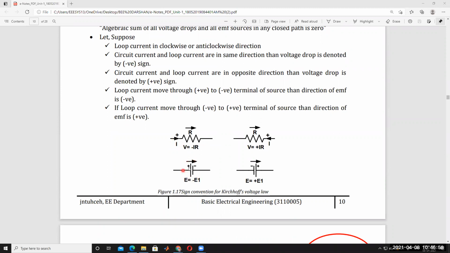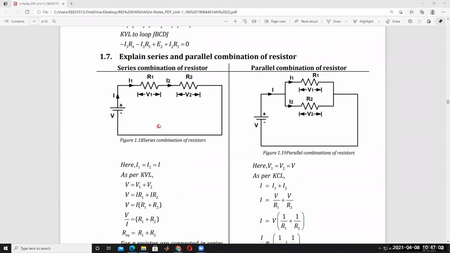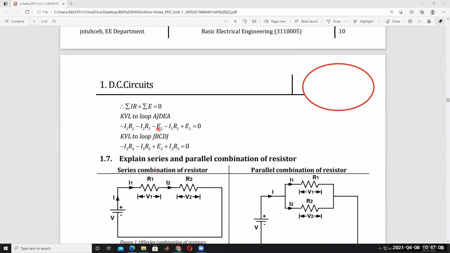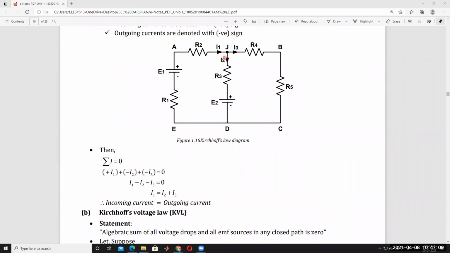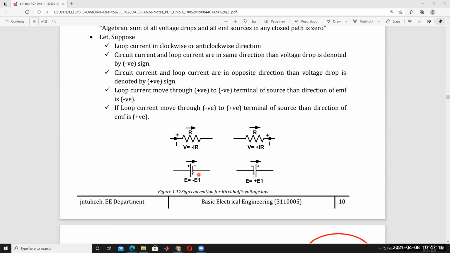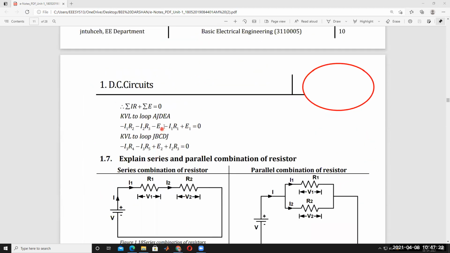This loop current and the source is entering at the positive terminal. That's why minus E1. Okay. Here the entering current is at the positive terminal, so that's why minus E2. According to this notation, the current enters the battery positive terminal.